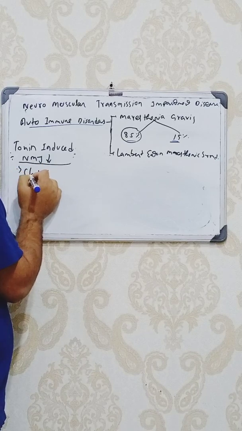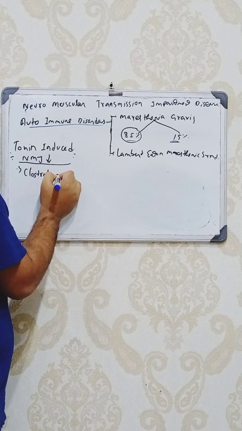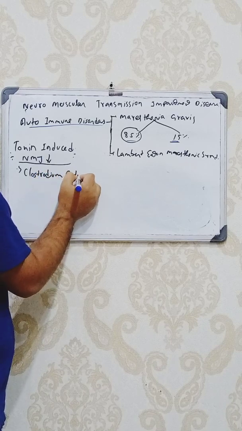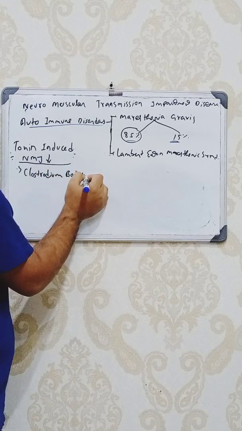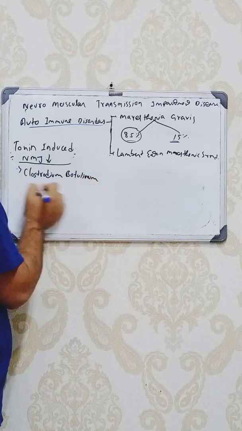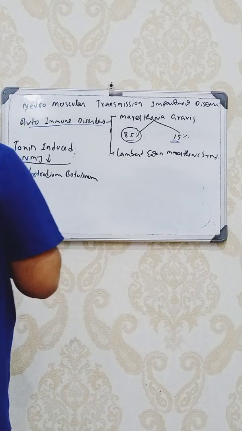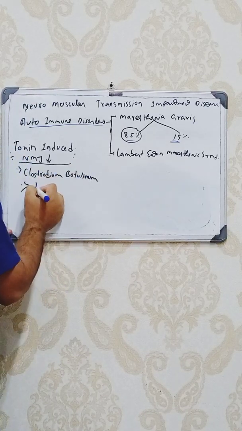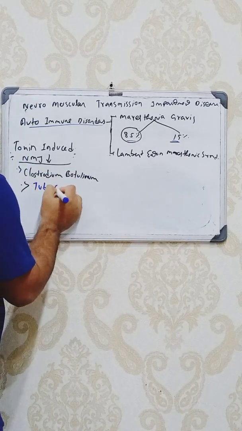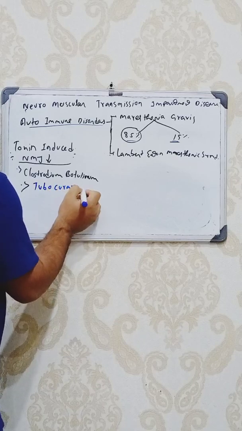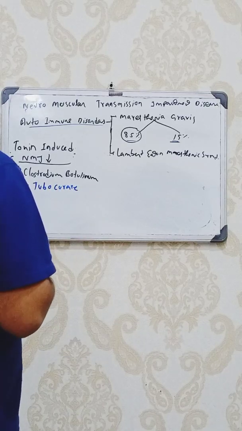Clostridium botulinum. Let me write it. Another is Clostridium tuberculare, with another color. These two types of toxins we have to know, and what their main function is here.